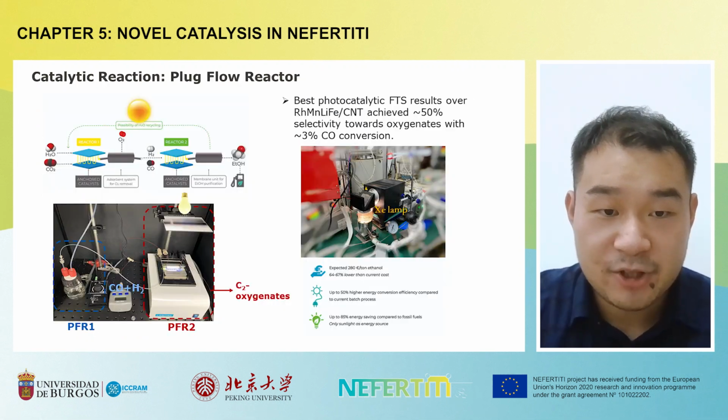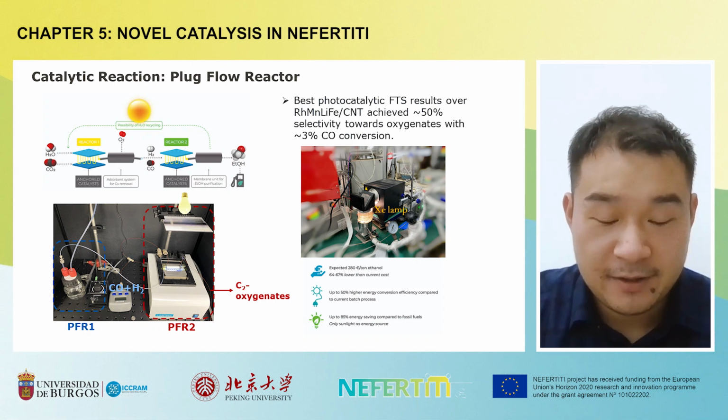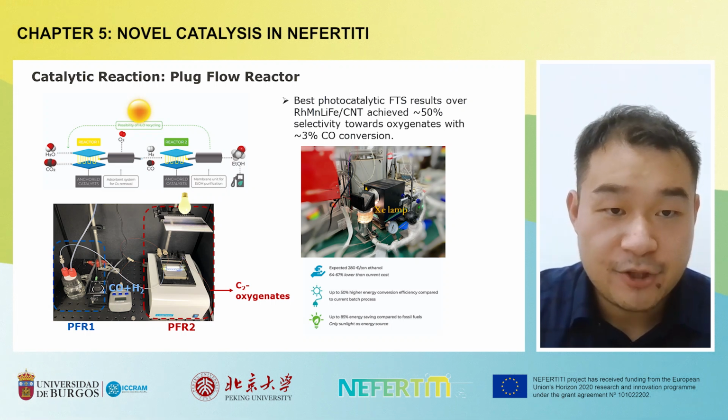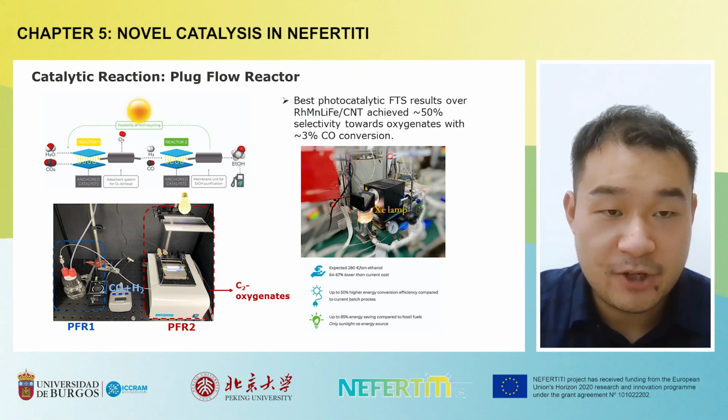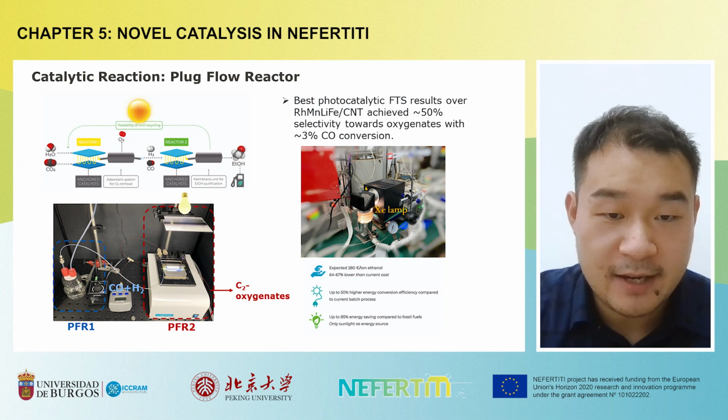So in this picture, you can see the prototype of our continuous plug flow reactor, which is a combination of the first reactor, which uses photocatalytic conversion of water and carbon dioxide into a mixture of carbon monoxide and hydrogen.